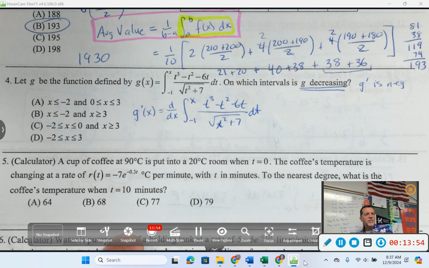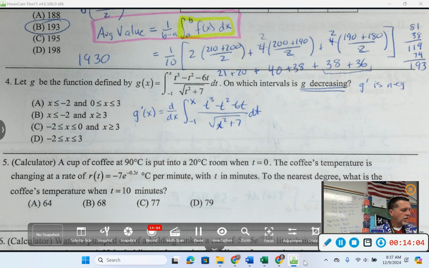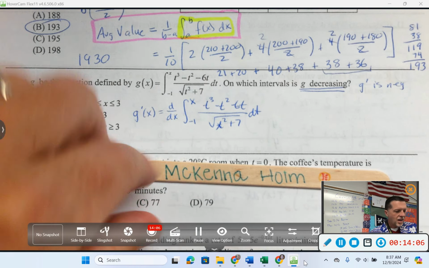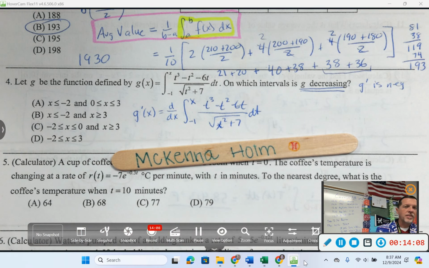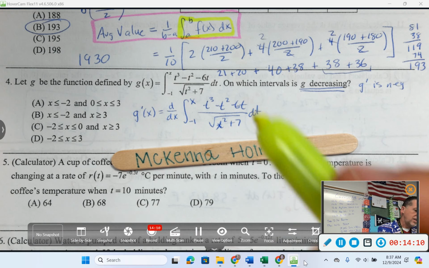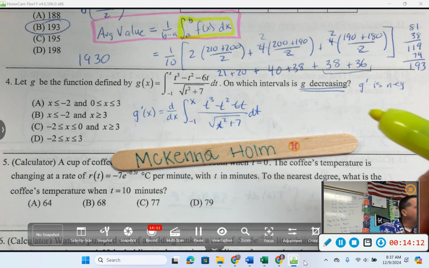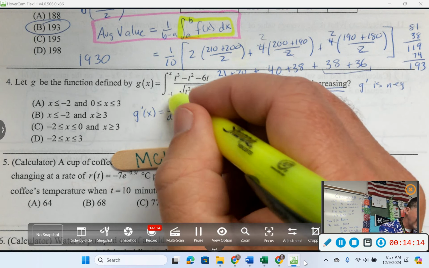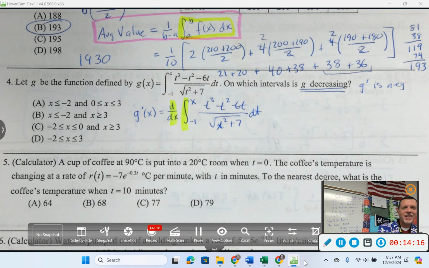Why is this suddenly a little easier than maybe we thought? What's the trick here, McKenna? They cross, like they cancel each other. Yeah, those two things kind of cancel each other out because it's the derivative of the antiderivative.